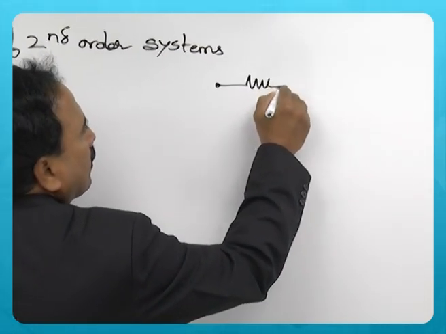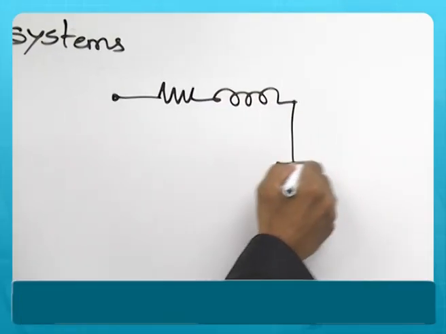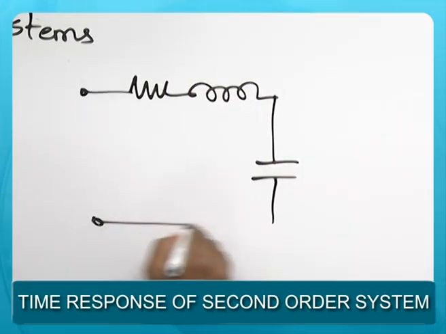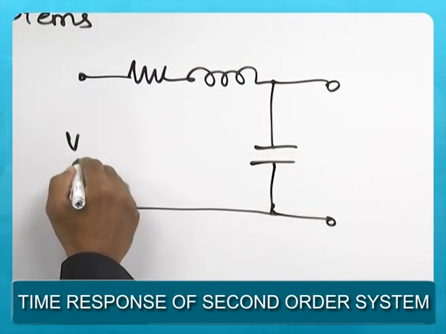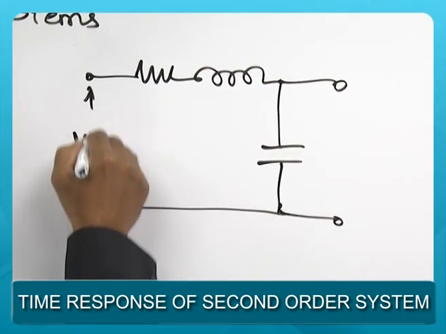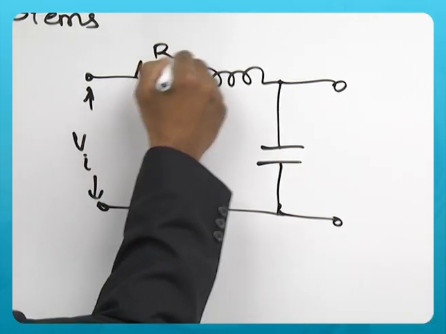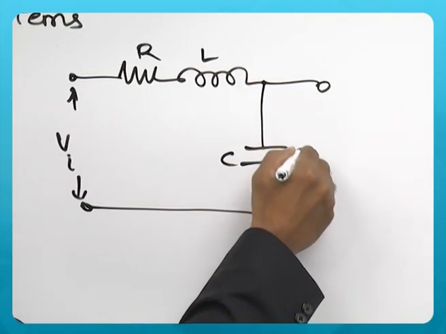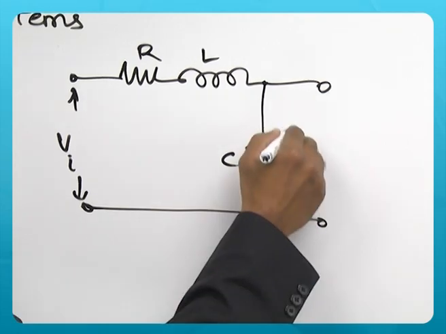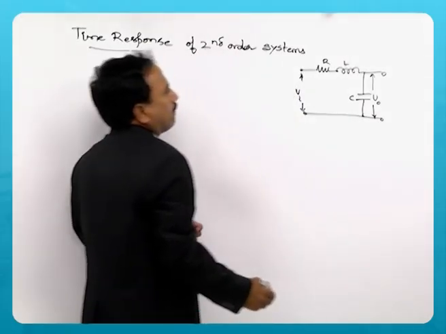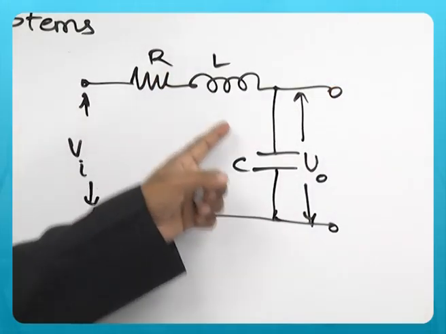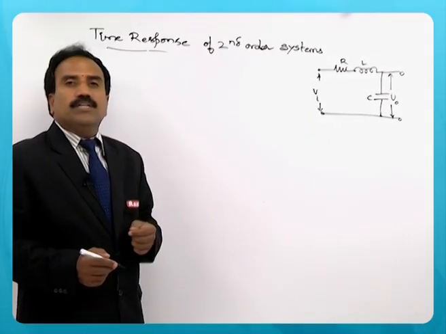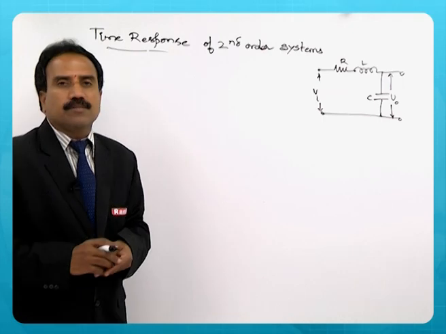As you are aware, for this second order system, now because there are two energy storage components, it becomes a second order system.